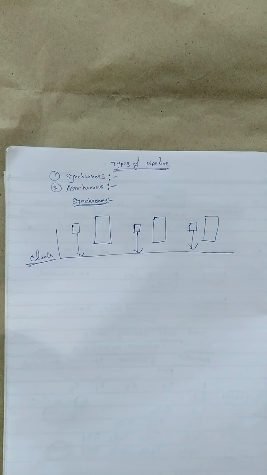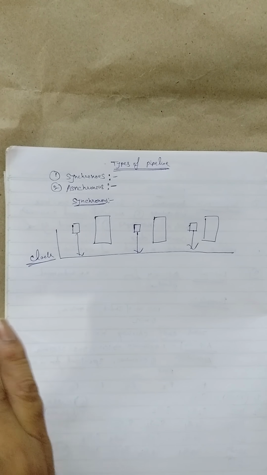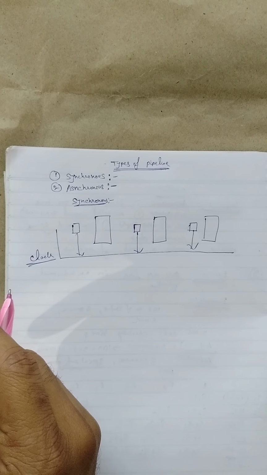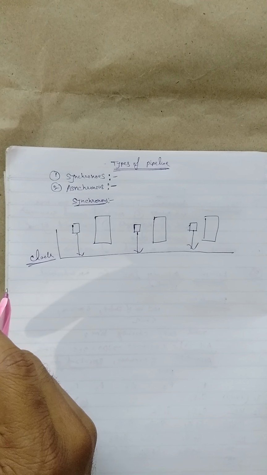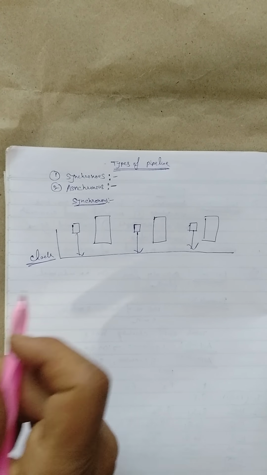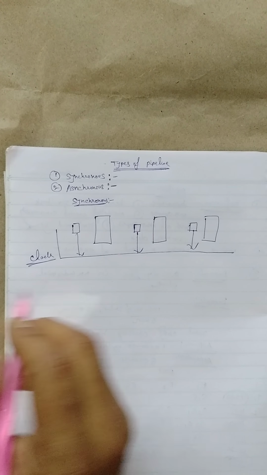When the value of the clock signal is high, all the latches will transfer the data to the next stages. The latches here are made of flip-flops, and the latches are used to store the intermediate result. So this is the synchronous model of pipeline.